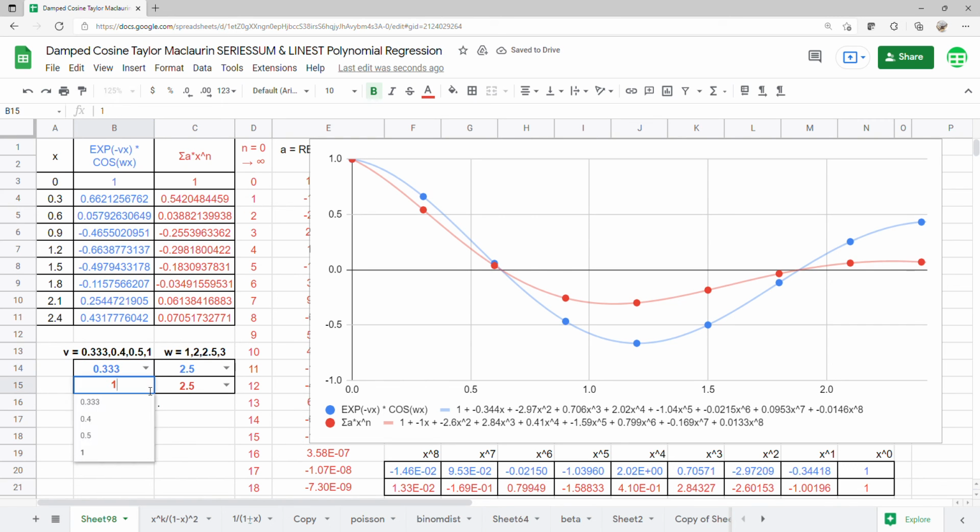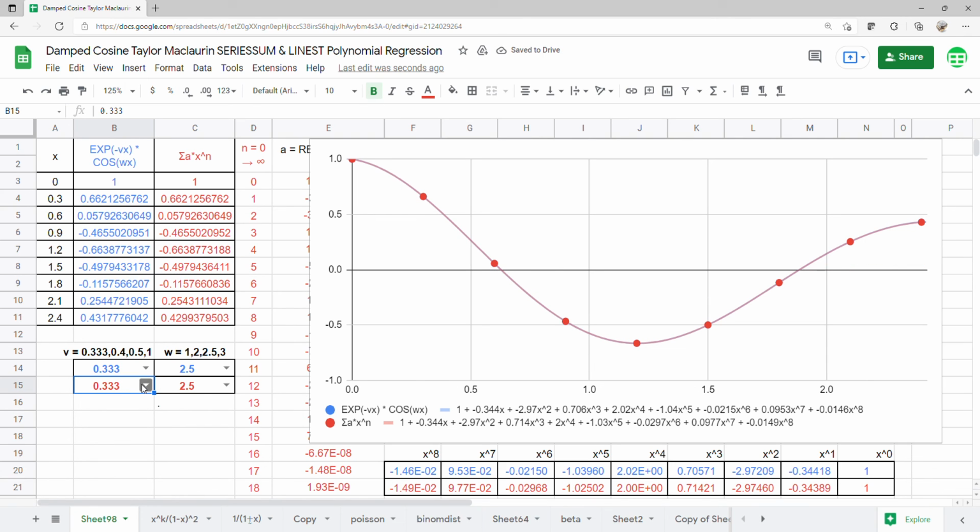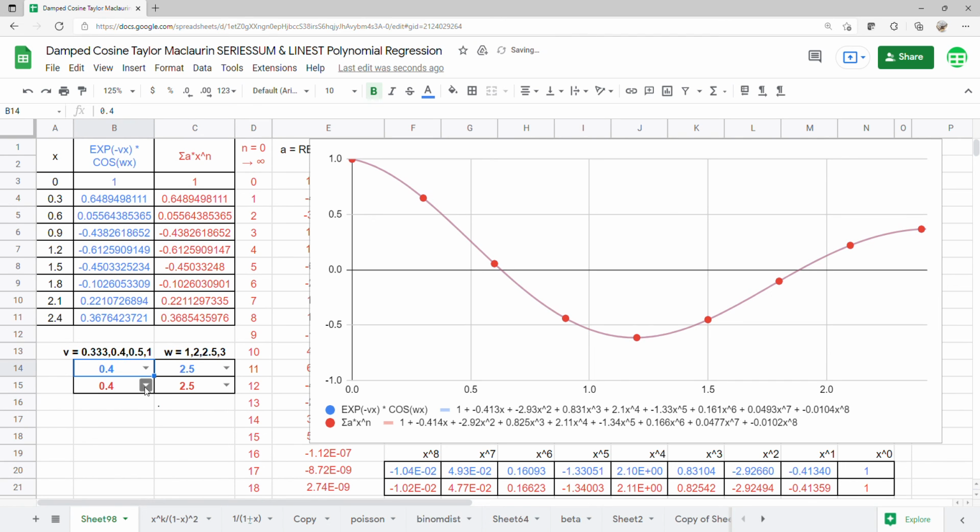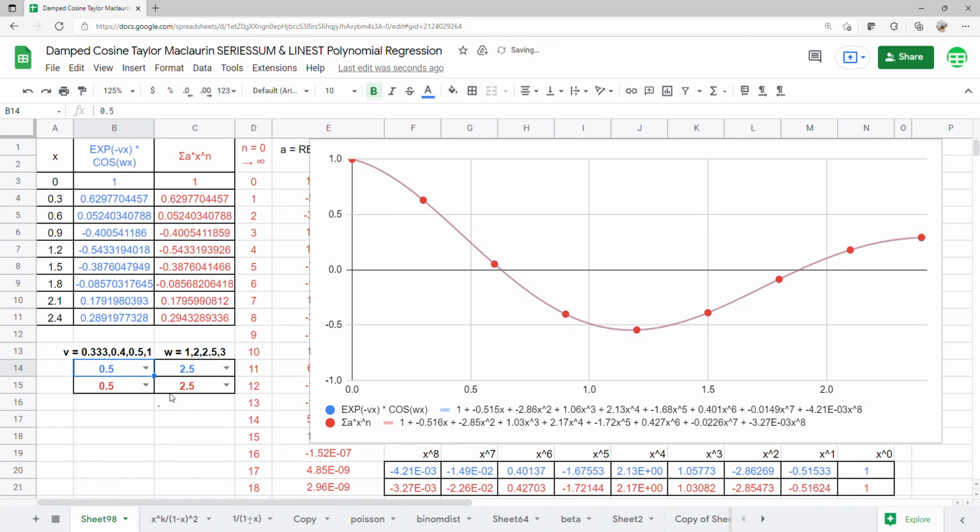Then I'll change the red one to 0.33. Change this to 0.4. I'll change this to 0.4. Change this to 0.5. And this also change to 0.5. So this completes the use of Taylor-Maclaurin series sum, LINEST polynomial regression to generate the decaying cosine.